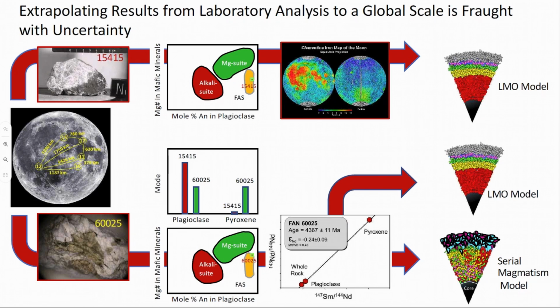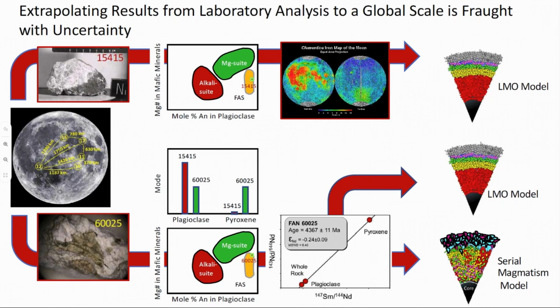Now I'll show you something where we can actually get into a little bit of problems here. So one of the rocks, going on the lower set of arrows here on the bottom part of this figure, again, we collected from Apollo 16, which was 60025. It had similar characteristics to other ferroan anorthosites in being calcic rich and magnesium poor.